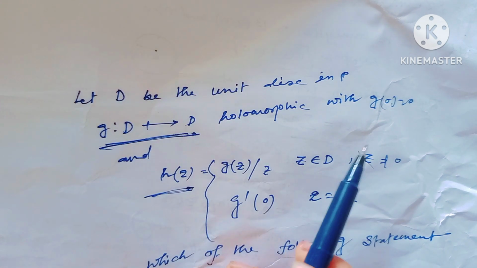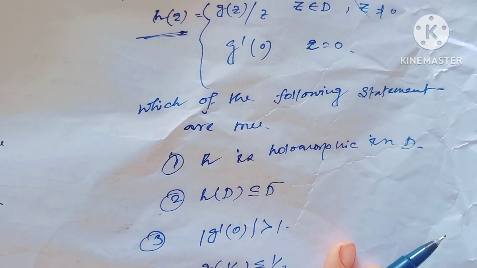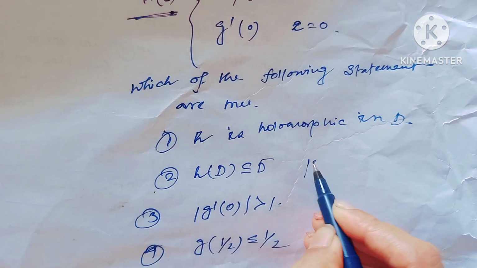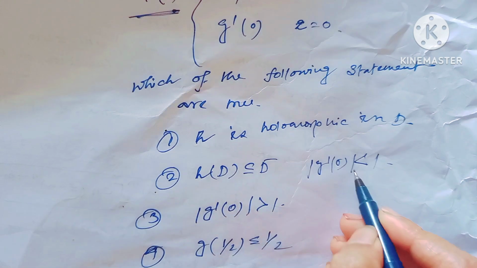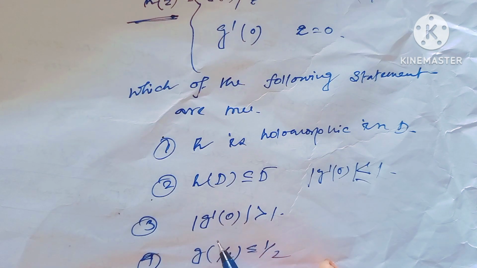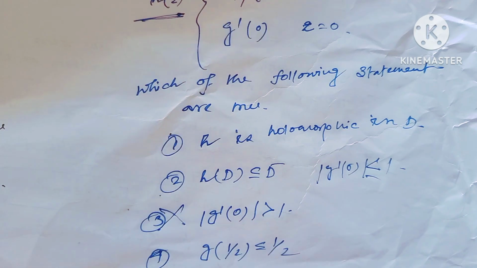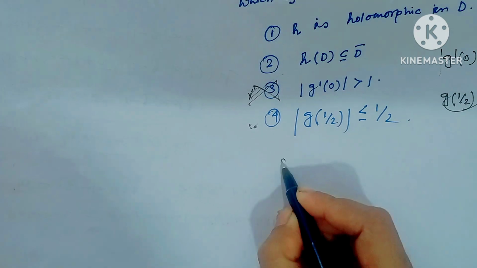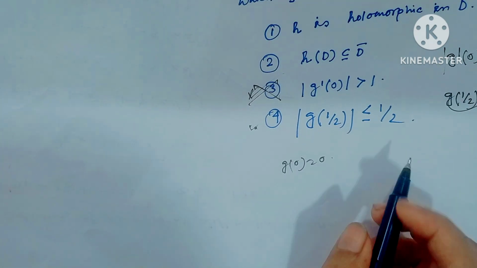Since g satisfies all properties of the Schwarz lemma, obviously the absolute value of g prime 0 would always be less than or equal to 1. But here it is given that absolute value of g prime 0 is greater than 1, so this is the wrong option. We all know, since g(0) equals 0 is given, we can find g of a.